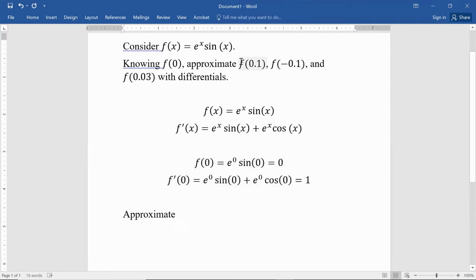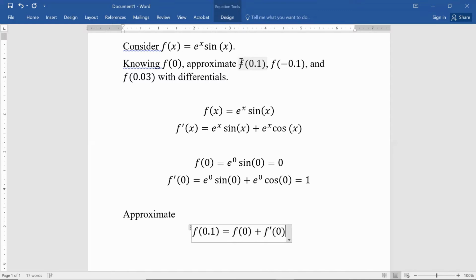Let's begin by approximating f of 0.1. We're going to do so by taking f of 0 and adding f prime of 0 multiplied times dx, the differential.